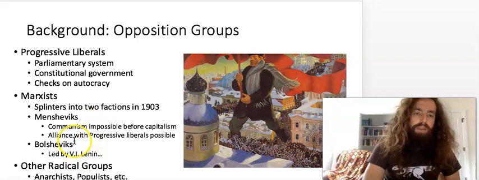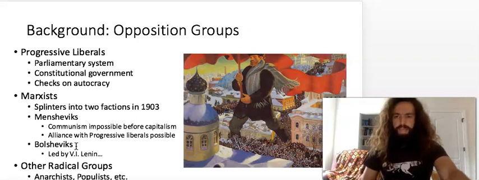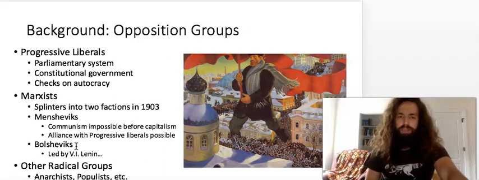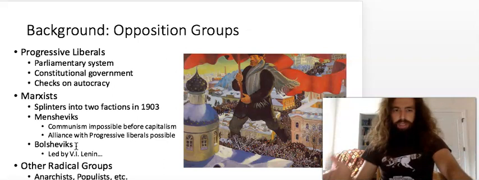Now, the other group of Marxists are the Bolsheviks. The Bolsheviks believe that you can just skip capitalism and go straight from feudalism to communism. That there's no reason to sit around and wait as Russia transforms from one unjust system to another unjust system.